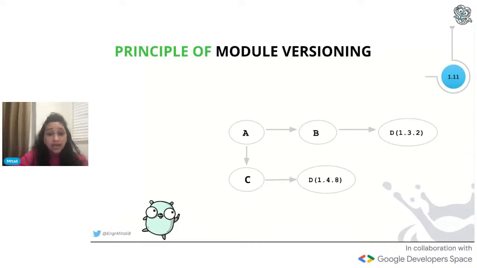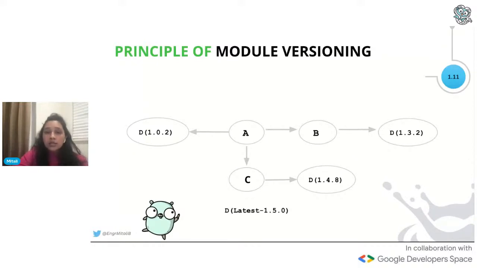And I also have a direct dependency on D of 1.0.2. Now, D's latest version is 1.5.0. Now, according to most languages, whenever this kind of situation comes, the latest will get imported. That means 1.5.0. But that is not true with Go.